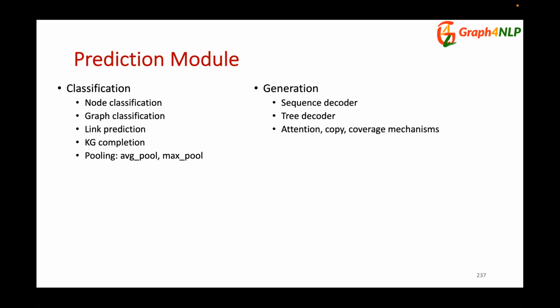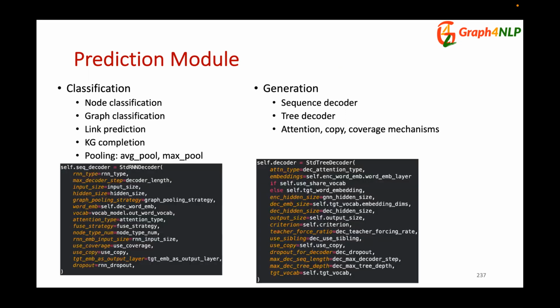For the generation task, we provide built-in APIs for sequence decoder, like the RNN-based decoder, and also an API for tree decoder. For both the sequence decoder and the tree decoder, users can easily employ the attention, copy, and coverage mechanisms by specifying the corresponding parameters.